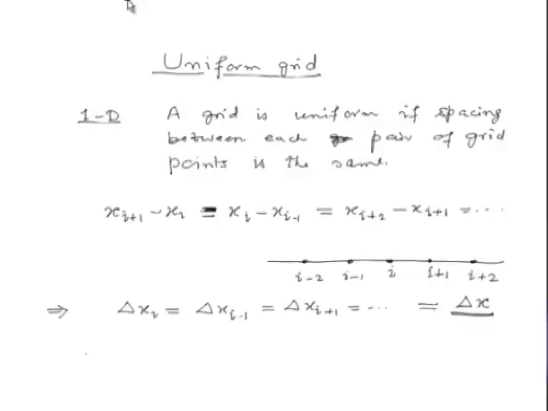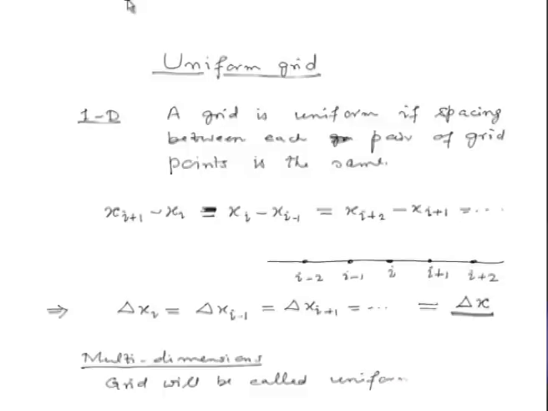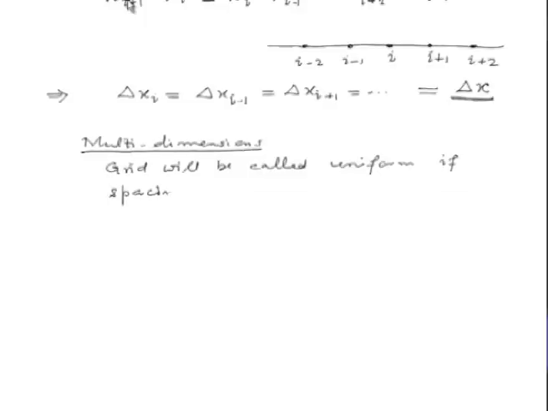In multi dimensions, the grid would be called uniform, if spacing along each grid line is constant.